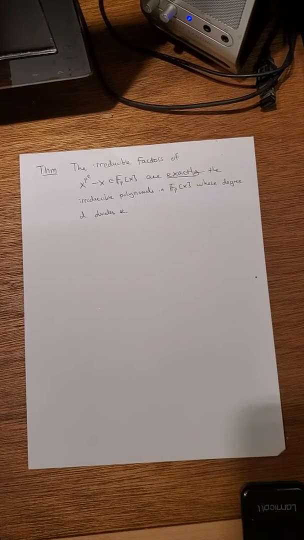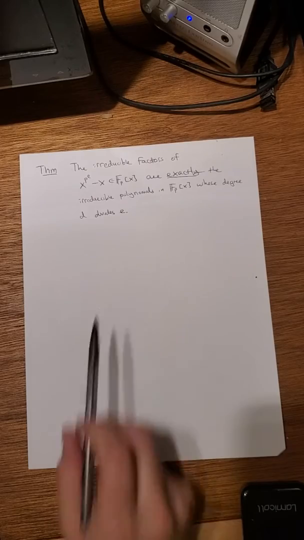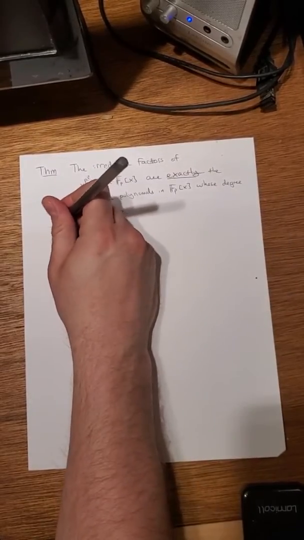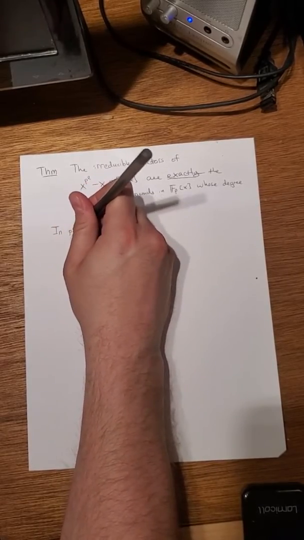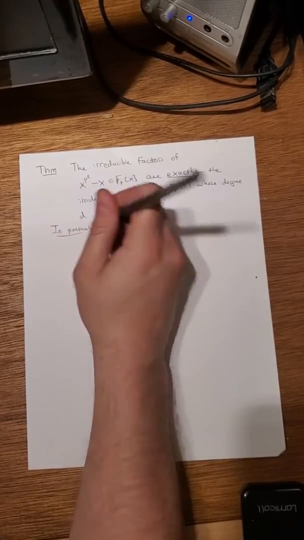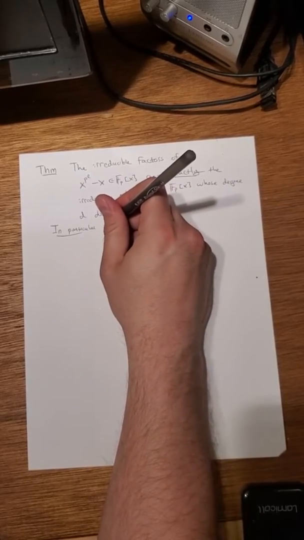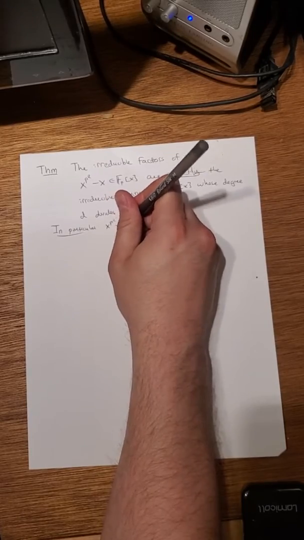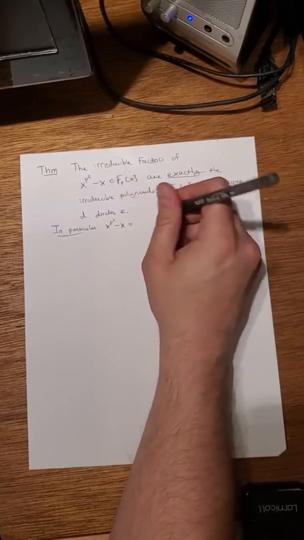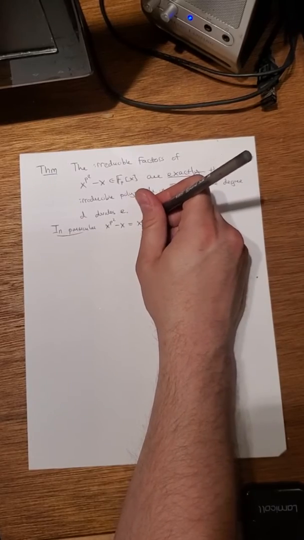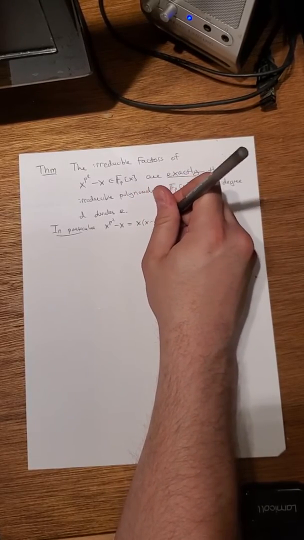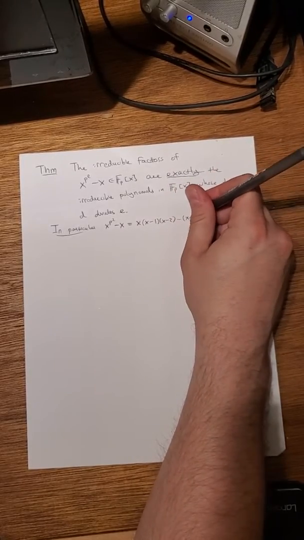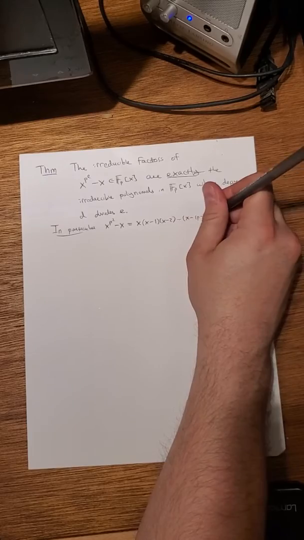Okay. So this actually says something kind of weird. Let's say we do x to the p to the 2 minus x. This factors, well, we know a bunch of the linear factors. These are x times x minus 1 times x minus 2 times dot dot dot x minus (p minus 1).